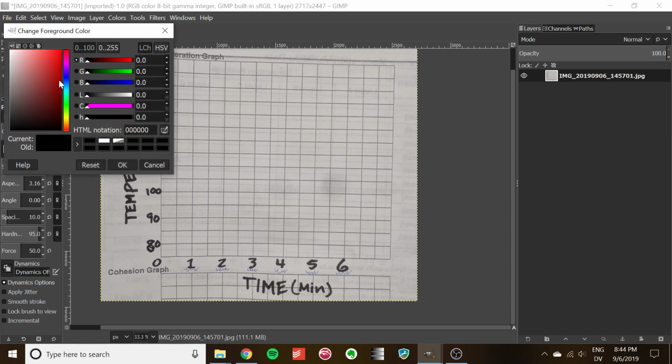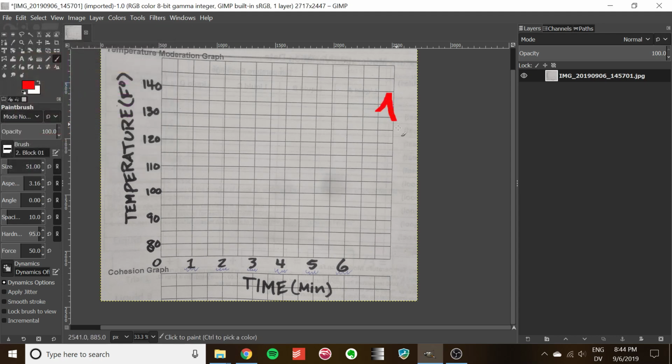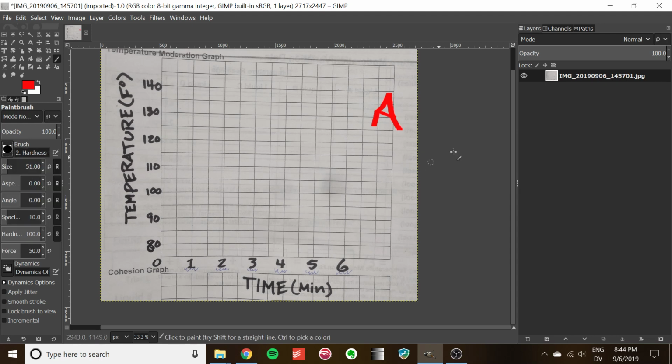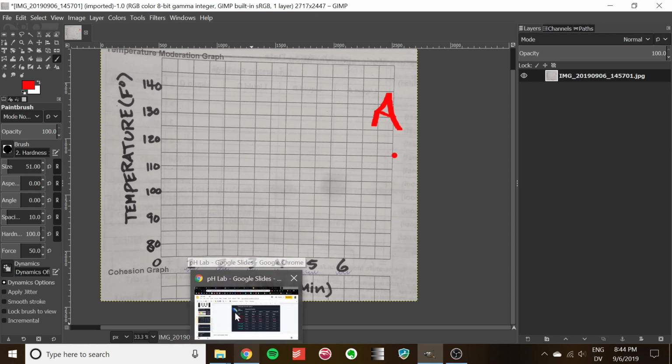Alright, well, there we go. Liquid A is going to be red. Beautiful. Look at that beautiful A. Anyways, hopefully that'll work. That's perfect. Okay, so liquid A is going to be red.